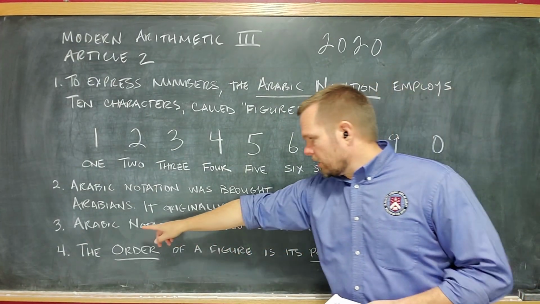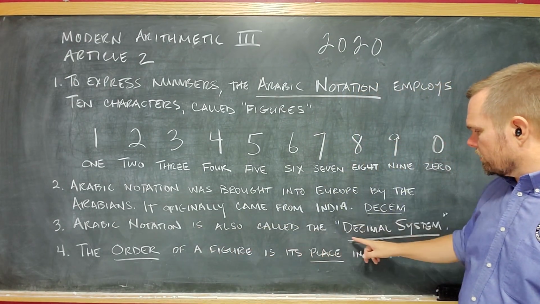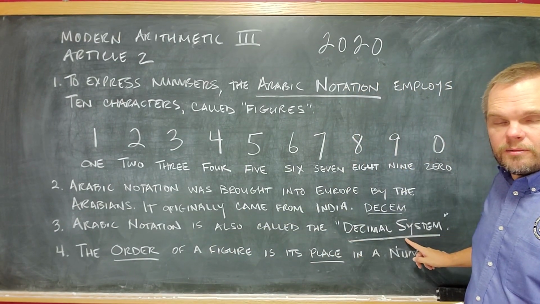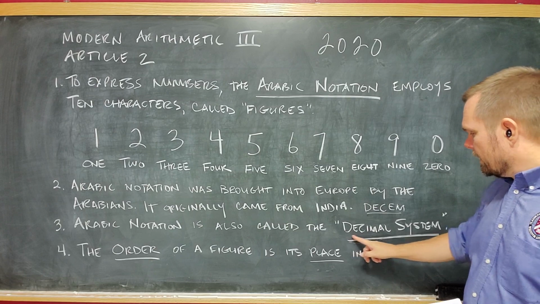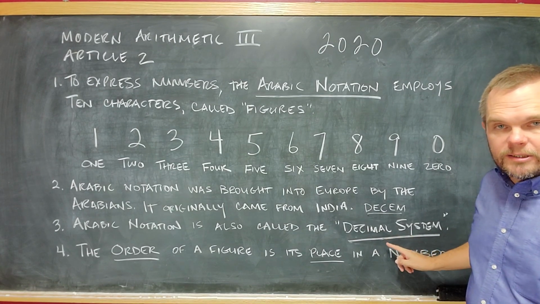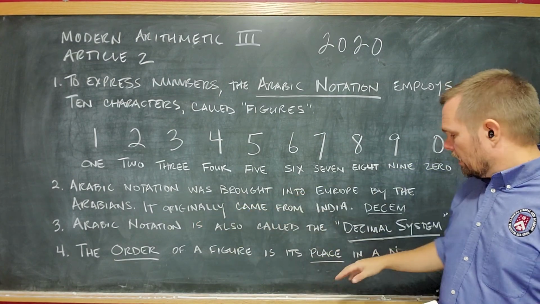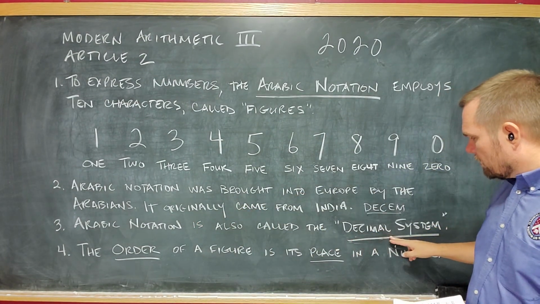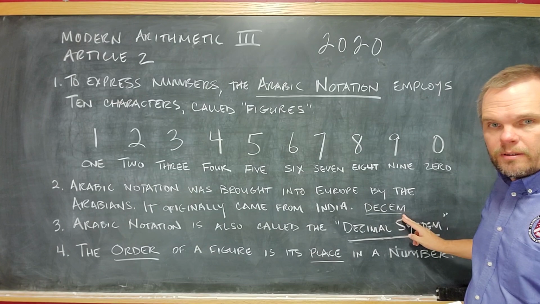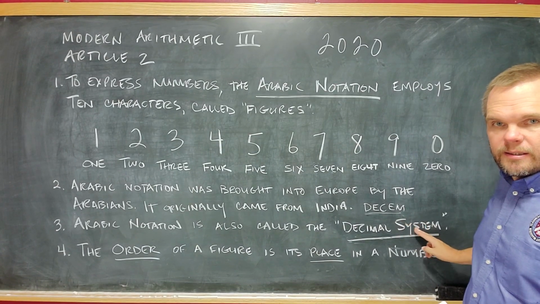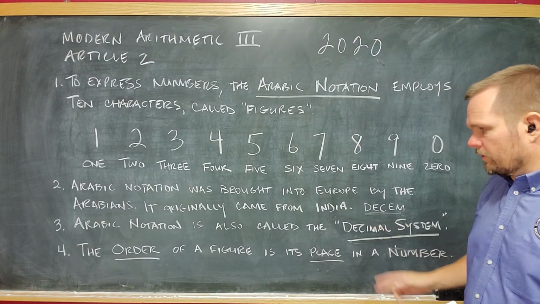Then we learned Arabic notation is also called the decimal system, and I explained why some people like to call it the decimal system instead of Arabic notation. And we learned that the word decimal comes from the Latin word decem, which means 10. It's a system of 10 figures.